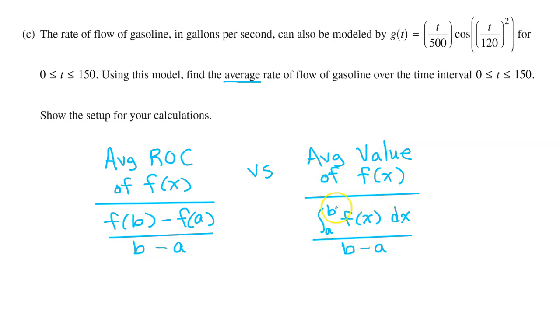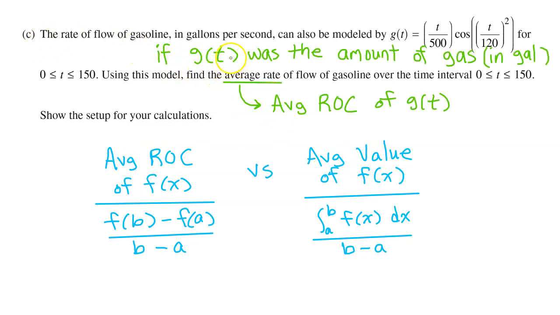So before we go any further, we need to decide which of these two concepts we are being asked to find. It all depends on what g of t represents. If g of t was the amount of gas in the tank, we're talking gallons at time t, then the average rate of flow would mean the average rate of change of g of t.